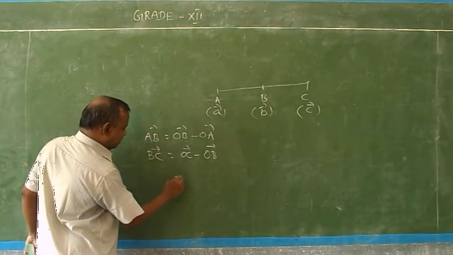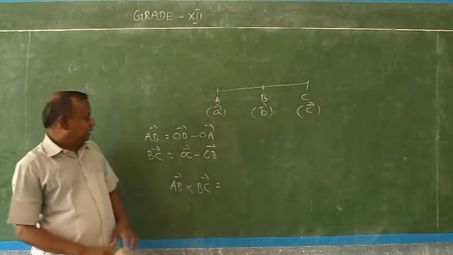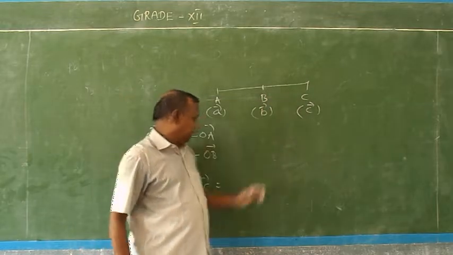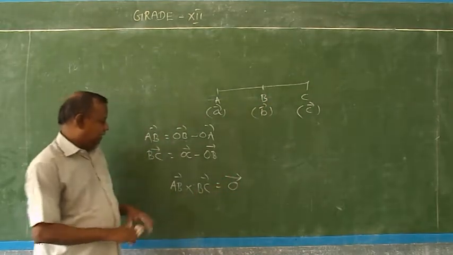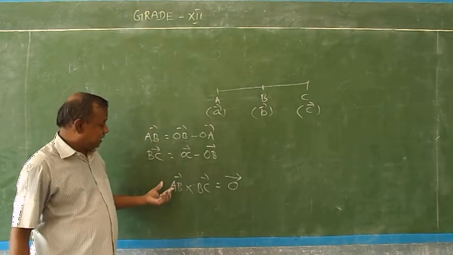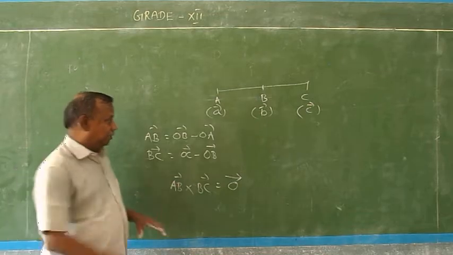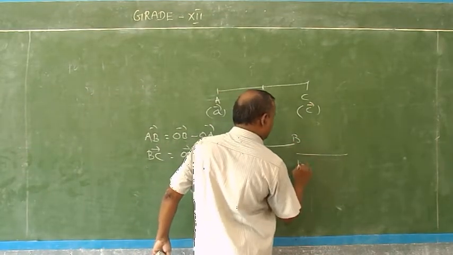Clearly, if AB and BC are parallel, you will get the result 0 vector. If AB vector cross BC vector equals 0 vector, we can say AB is parallel to BC.